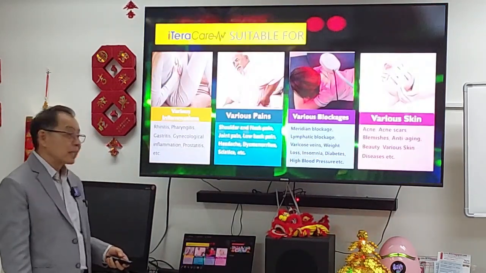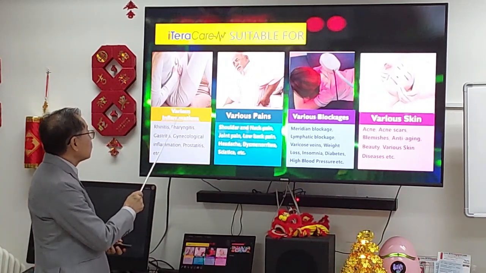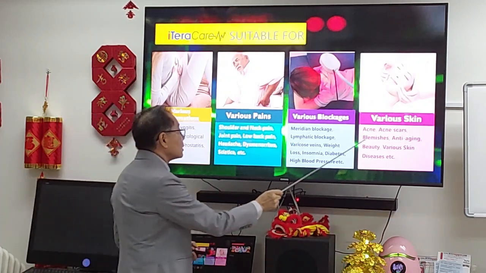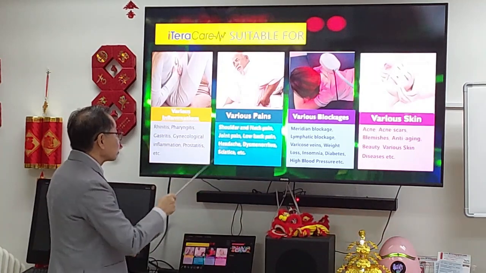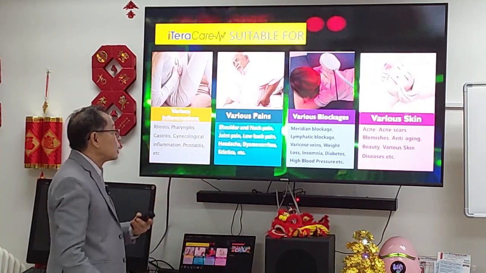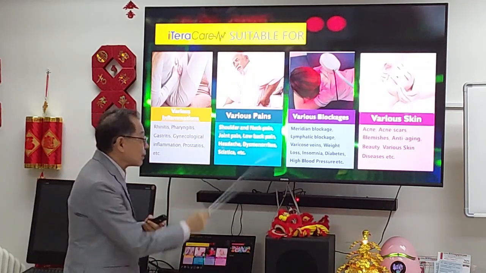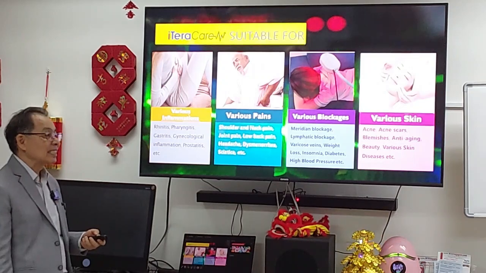So, a reminder, iTeraCare is useful for various inflammations, pains, blockages, and skin especially. We have talked about a specific type of pain, chest pain, which is not in this list, by the way. You notice that chest pain is not in this list because chest pain can be serious.